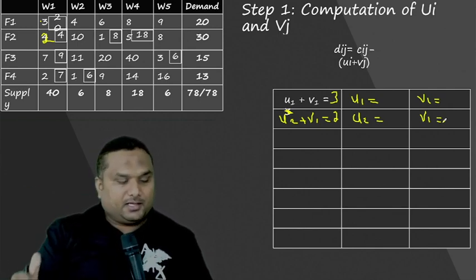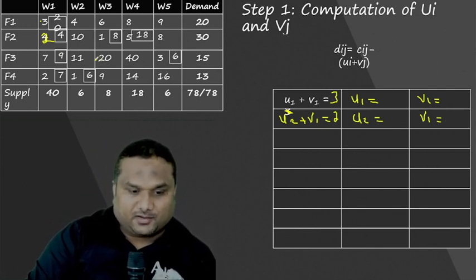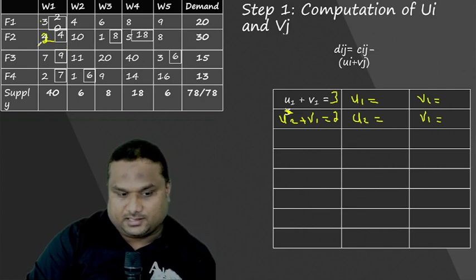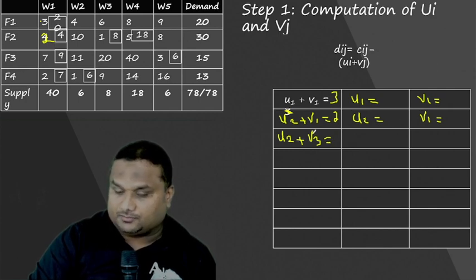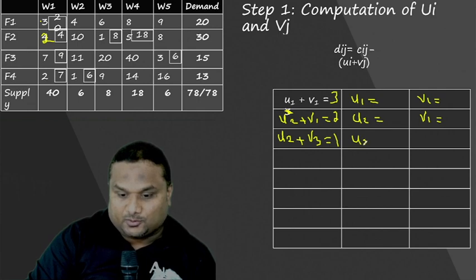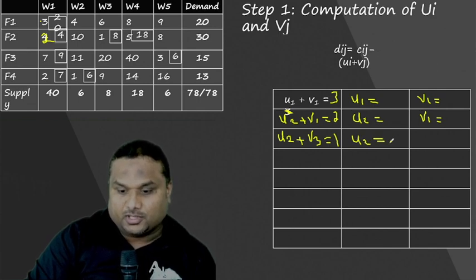Okay, next, this is U2, and this is V3. U2 plus V3 equal to 1. Now this is U2 equal to, V3 equal to.